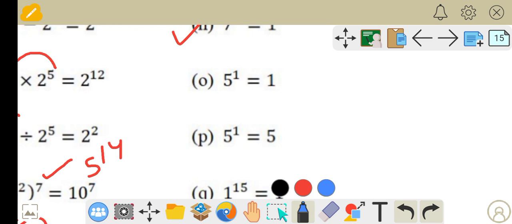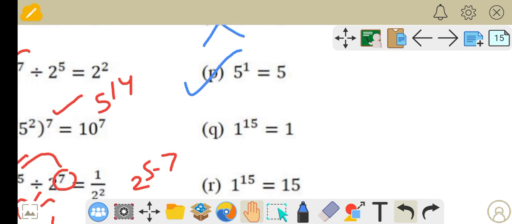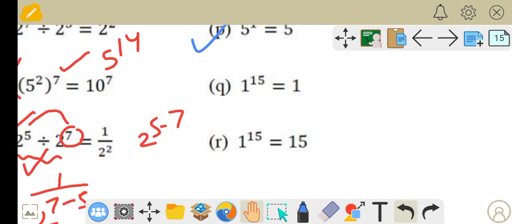So O part is wrong, but P part is correct. Y to the power 15. If 1 is multiplied 15 times, its result should be 1, not 15.